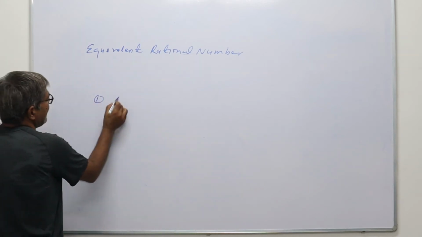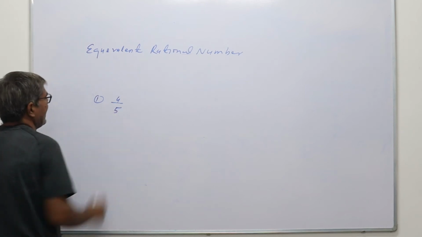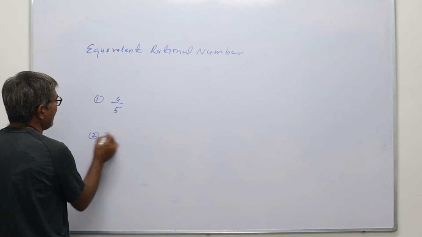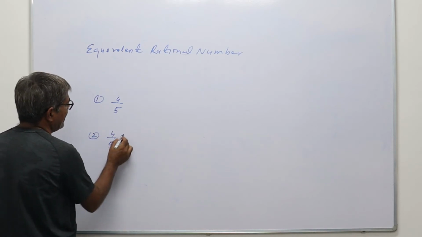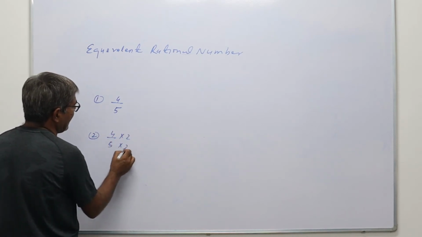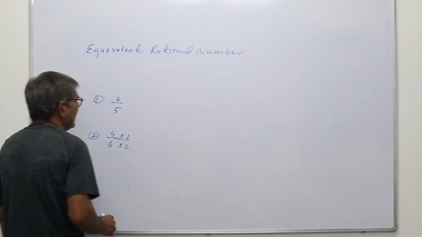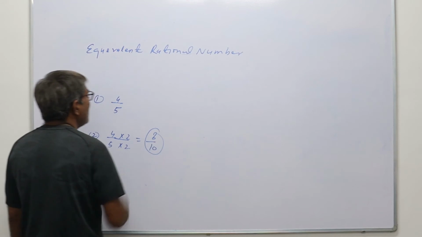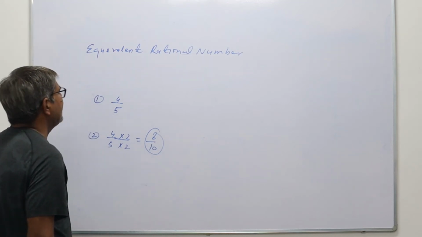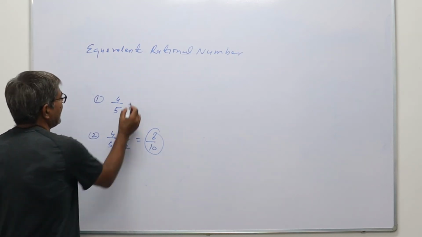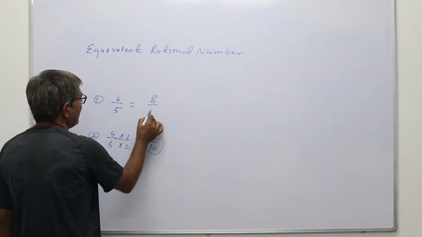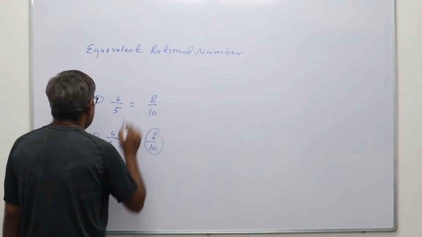The given rational number is 4 upon 5. So first we will multiply this 4 by 5 by 2 in numerator and by 2 in denominator. So 8 by 10. This is the first equivalent rational number to the given rational number 4 upon 5. So we will write 4 by 5 equals 8 by 10.